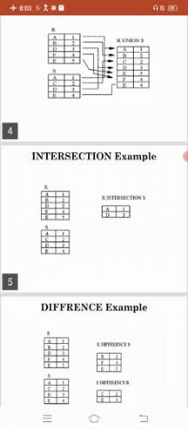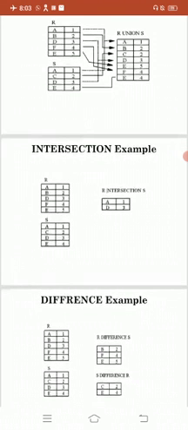I will take one simple example here. R and S tables are there. R includes A is equal to 1, B is equal to 2, D is equal to 3, F is equal to 4, E is equal to 5. The S table includes A is equal to 1, C is equal to 2, D is equal to 3, E is equal to 4.